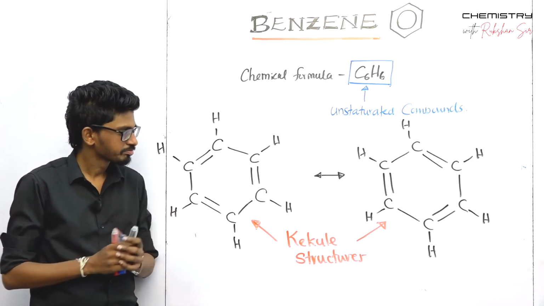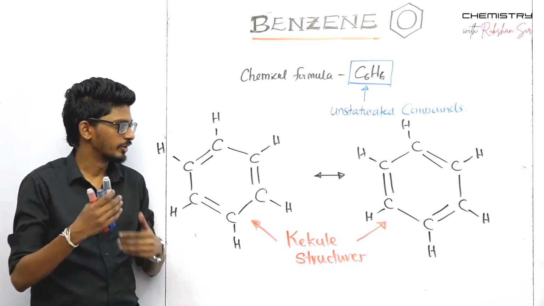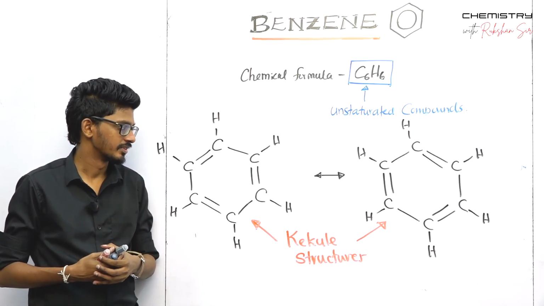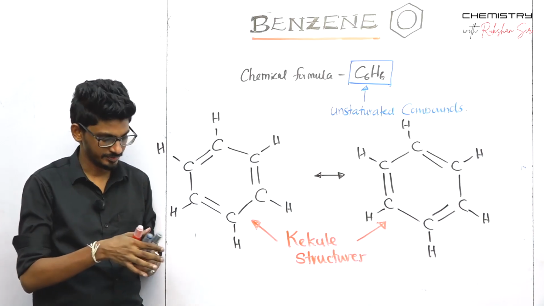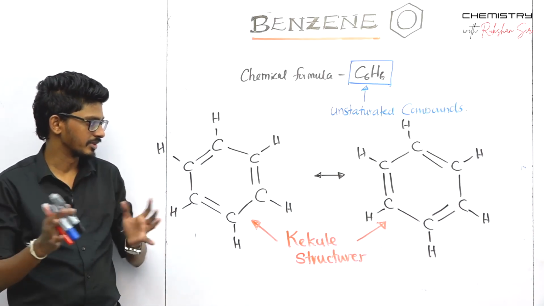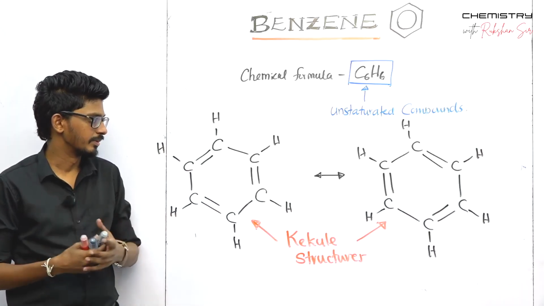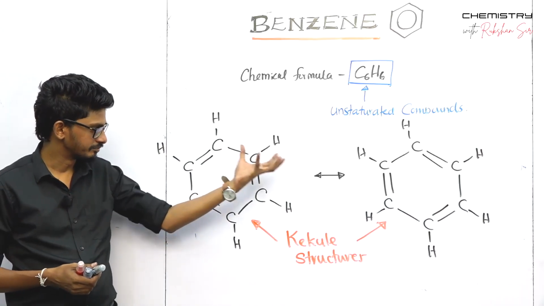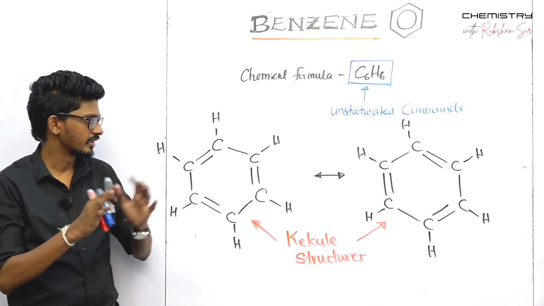Then for the convenience and simplicity of writing, they made some changes in the way of writing benzene, right? These are the Kekulé structures. Benzene is a hybrid of these two.